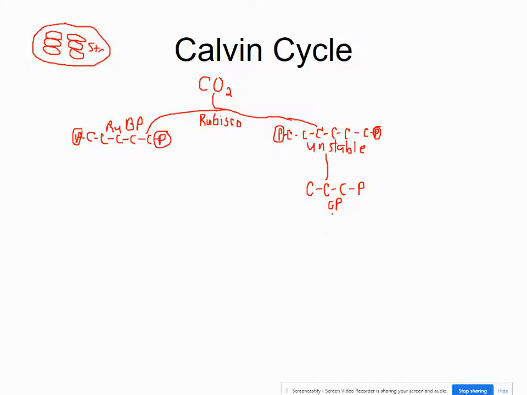And then the next step is we have all that energy that has been taken in from the light-dependent reaction, and we have some ATP. And we're actually going to invest 12 ATP at this step. And that ATP is going to work on that GP molecule with the use of a kinase enzyme.